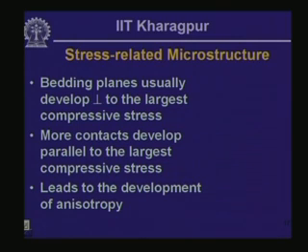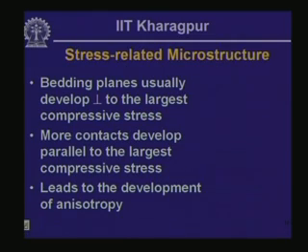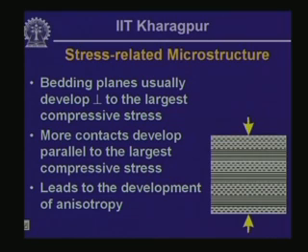We look at this process by considering a block of horizontally bedded, horizontally laminated rock subjected to very high stress in the vertical direction originally, because that was the stress regime under which horizontal bedding is going to develop.